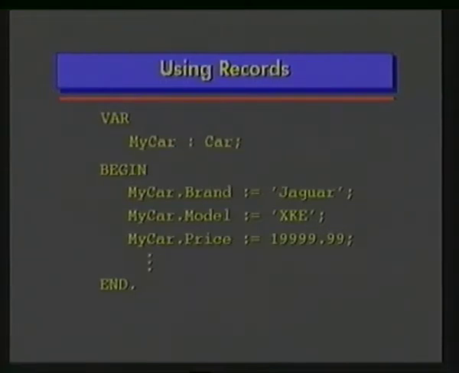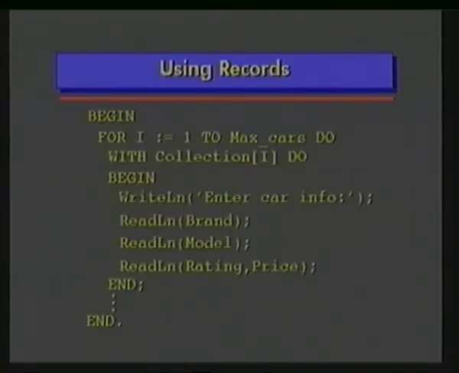Using an array of records is not only more logical, it's also more flexible, since we're not limited to 10 cars of each brand. To allow more convenient access to a record's fields, Pascal provides a special statement, the with statement. By using the with statement, you don't have to repeat the record name each time you refer to a field.